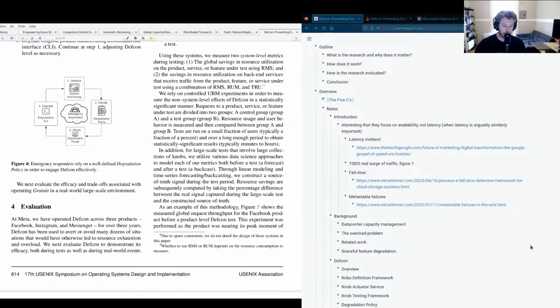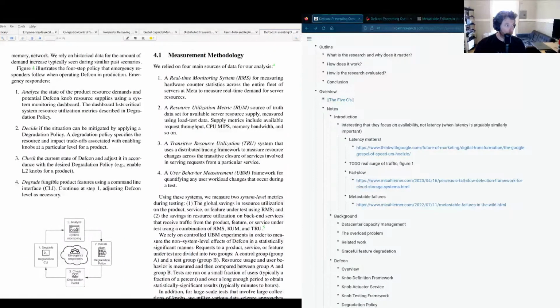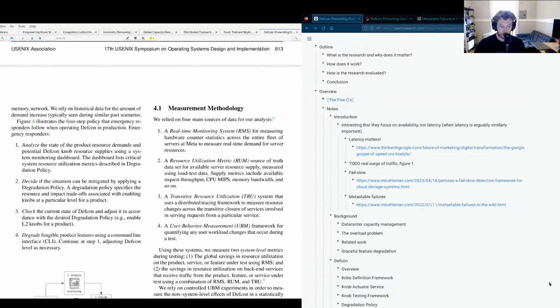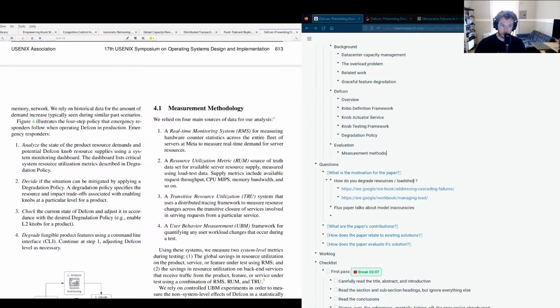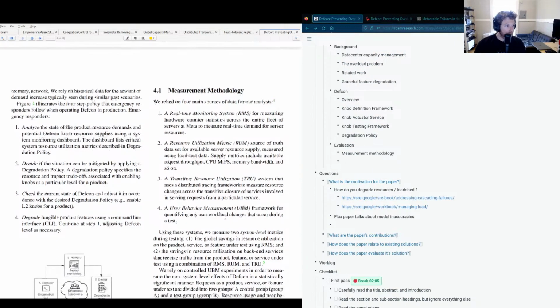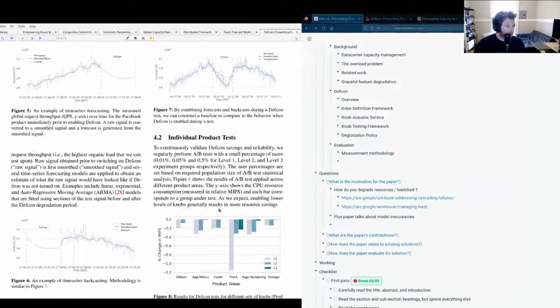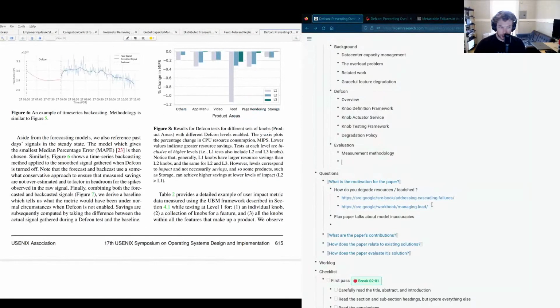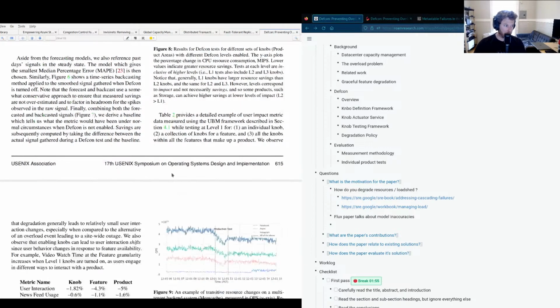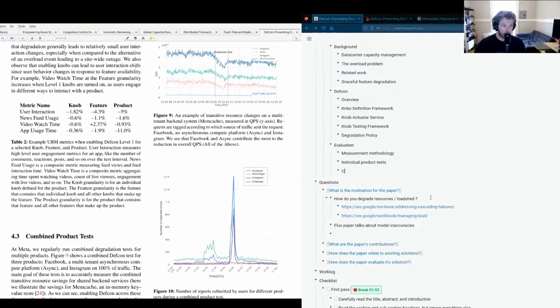Then they have evaluation of the system, measurement, methodology. We got individual product tests. Combined product tests.